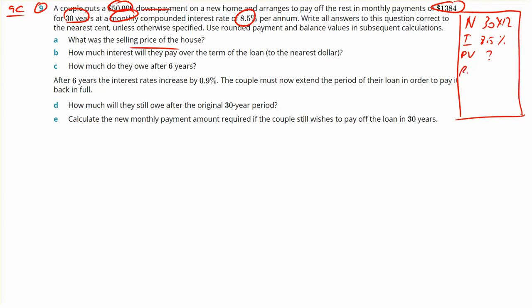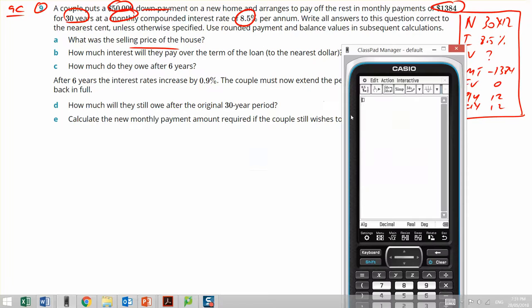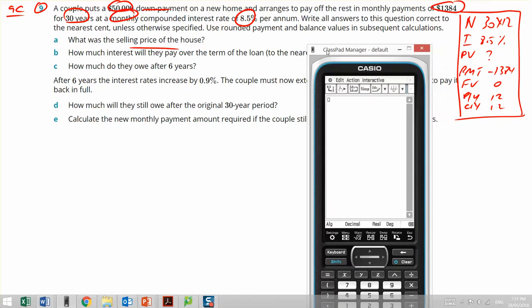My payments is negative 1384, because that's the amount going out. My final value, we hope to be 0, and my PY and CY are 12 each. So I'm going to plug this into my financial solver to calculate the value of the house.